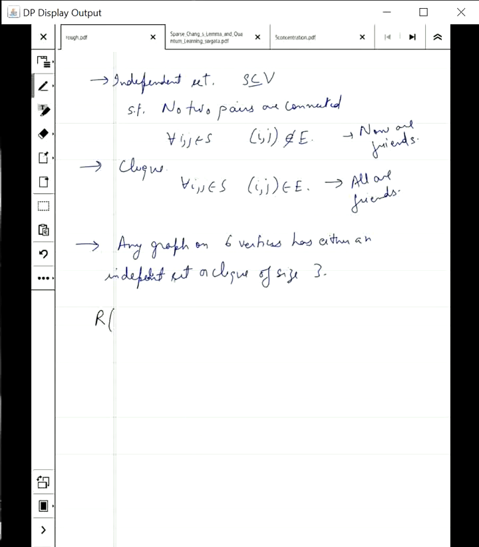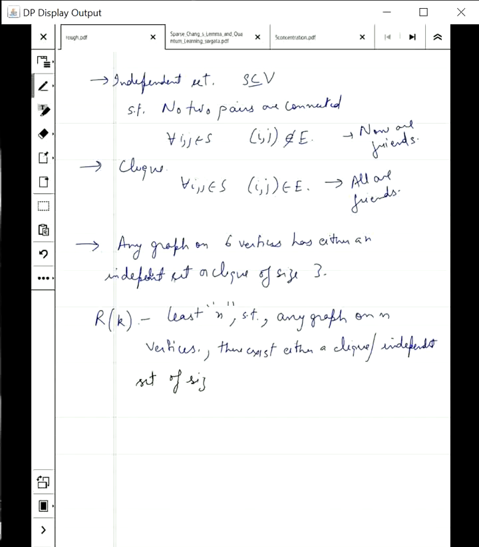Such things are called Ramsey numbers, R(k). More precisely, this is the least n such that any graph on n vertices, so remember the quantifiers, for all graphs on n vertices, there exists either a clique or independent set of size k. It will be illuminating to look at it as n increases.